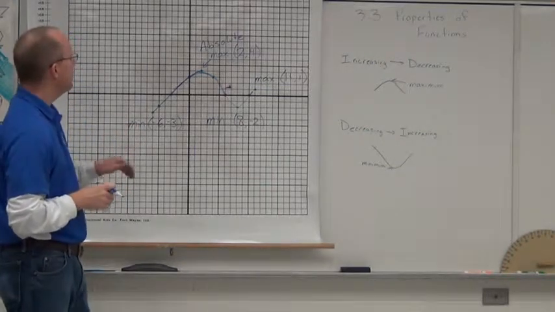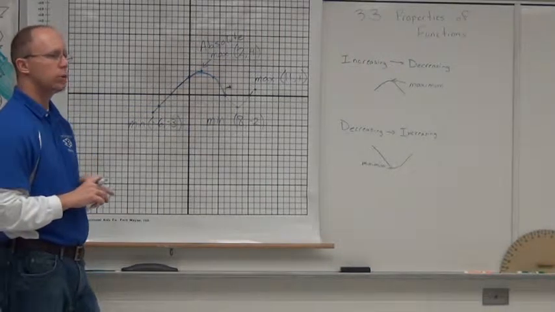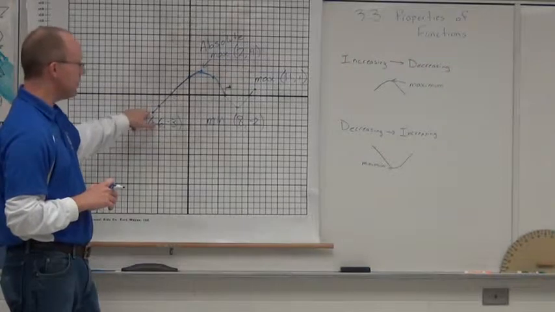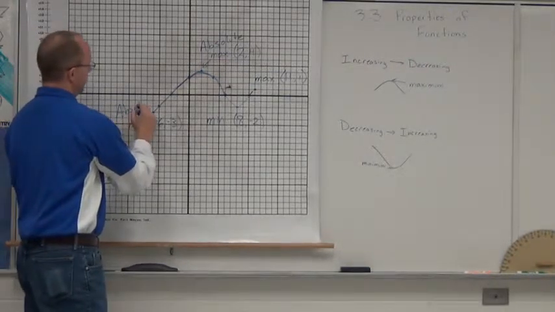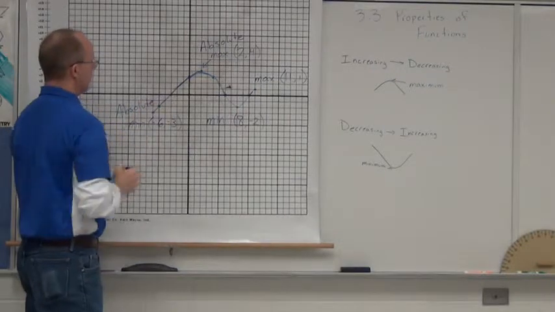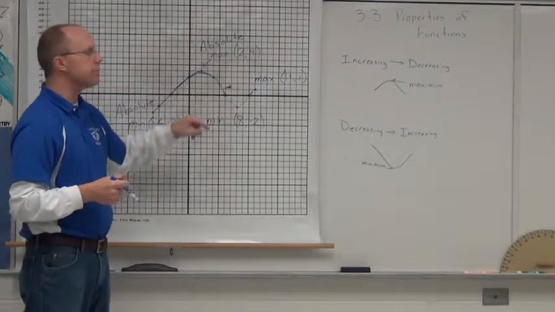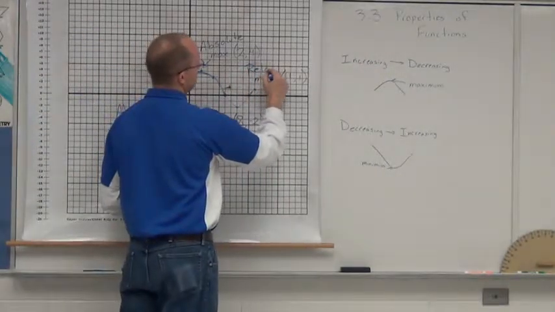Do we have an absolute minimum? Yes, the far left one, because that's as low as it gets. Any other maximums or minimums are called relative maximums or minimums.